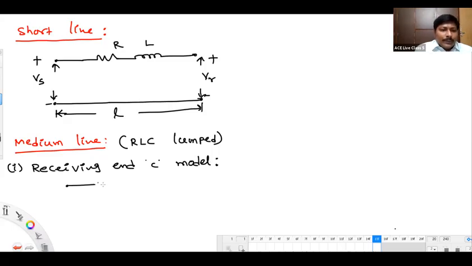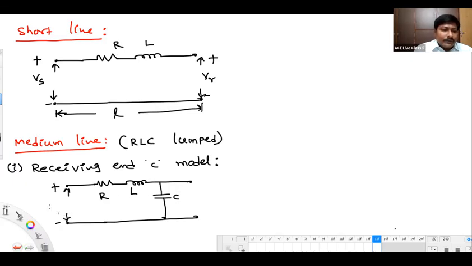I'm keeping the total capacitance of the transmission line at the receiving end side. This is the sending end side, plus minus Vs, and this is the receiving end side, plus minus VR. And this is for the total length of the line.